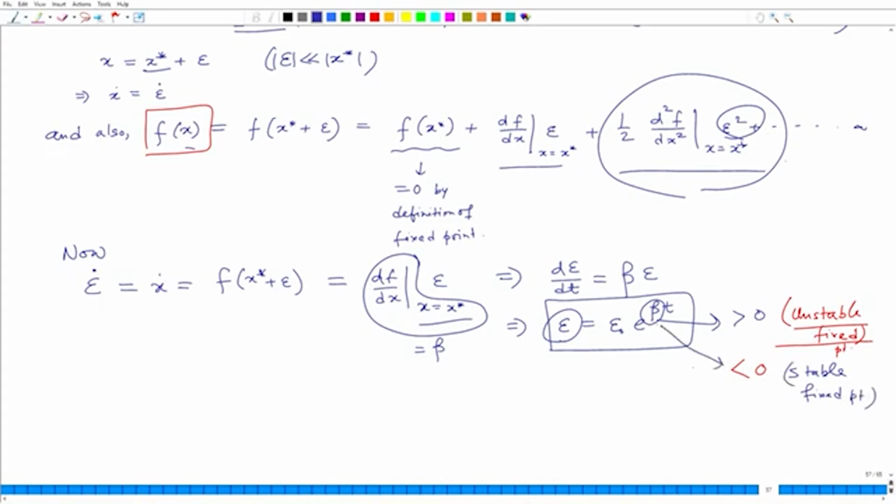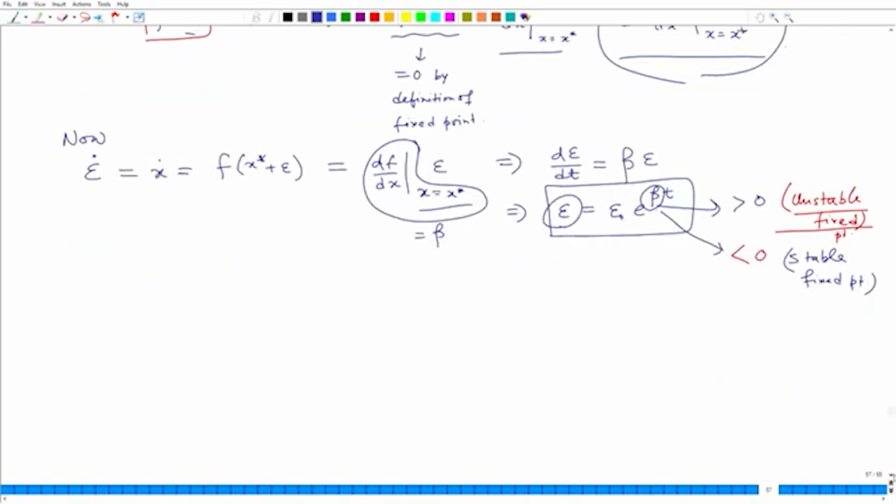This one. Okay. Now, you can actually see that I can do this in a very small exercise. Let us say, for example, I have a phase space variable x dot for which f of x is given by x minus x square. Okay.